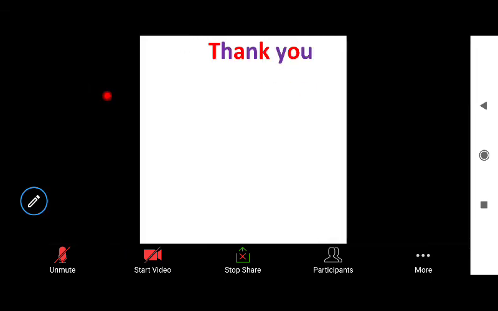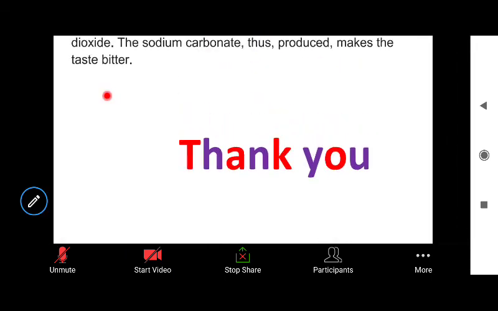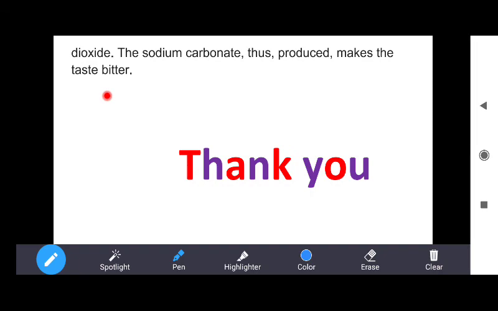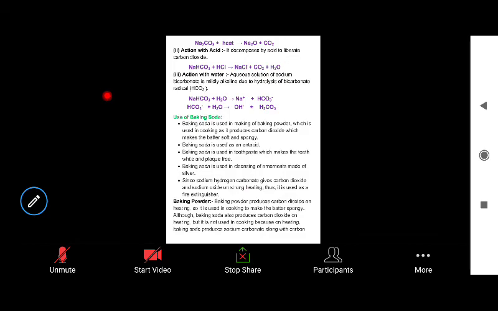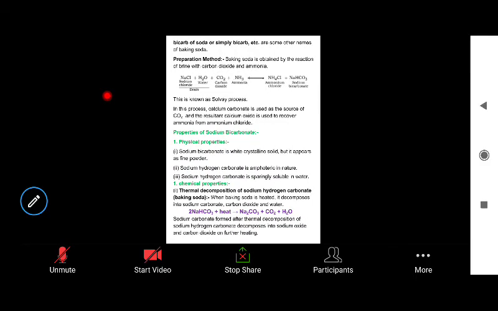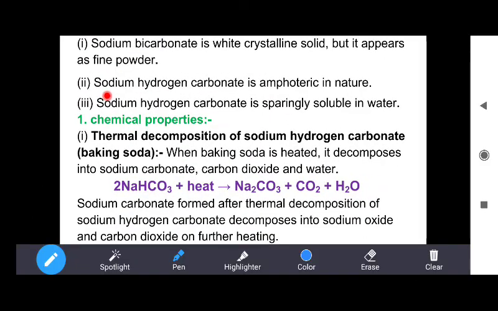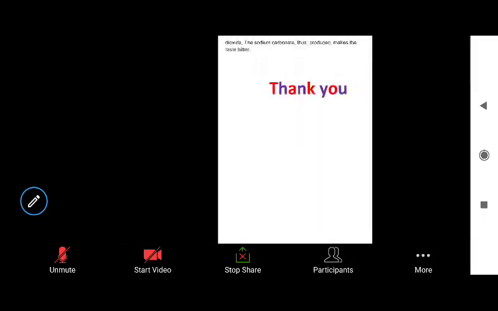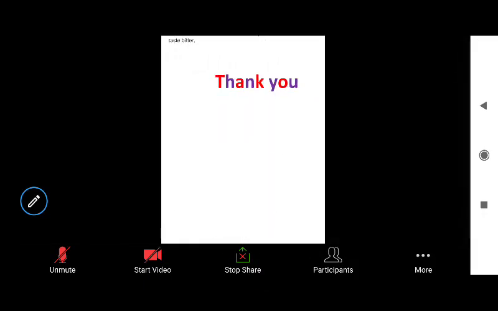Baking powder is used in cooking because baking soda decomposes to form sodium carbonate with CO2. As you can see in this reaction, it forms sodium carbonate, and sodium carbonate has a bitter taste. That is why it is not used in cooking.